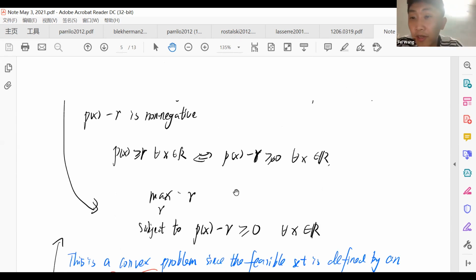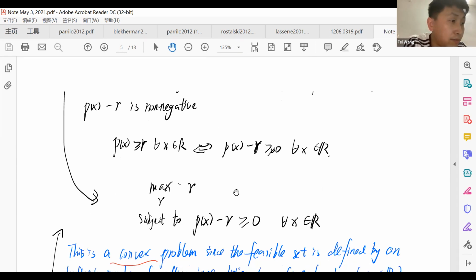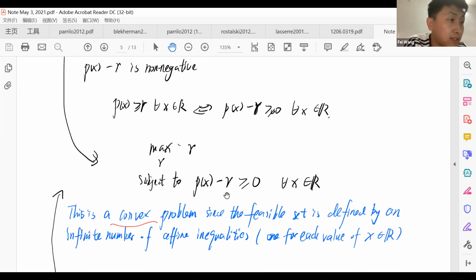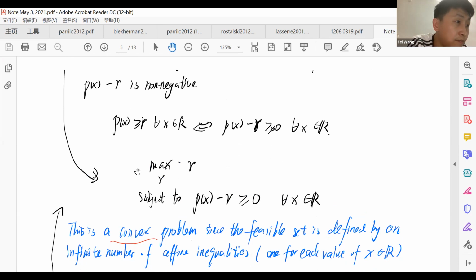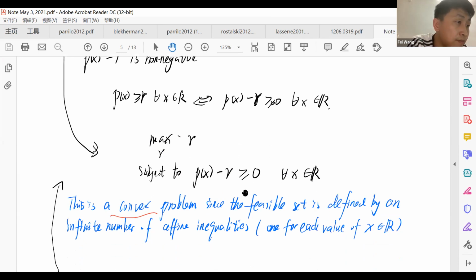So now we can convert our minimization problem into a maximization problem. Instead we maximize gamma subject to p(x) minus gamma being non-negative for all x in R. This problem is a convex problem.